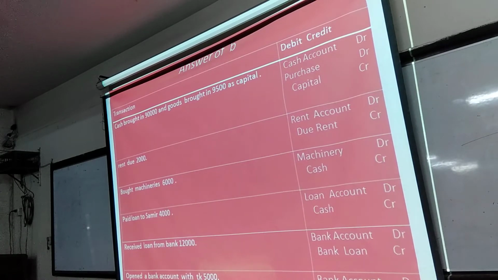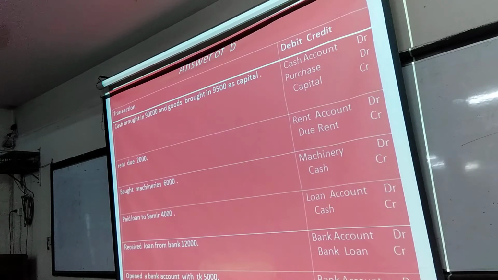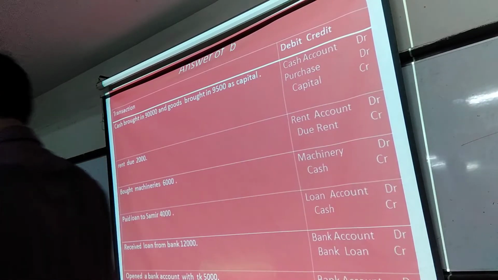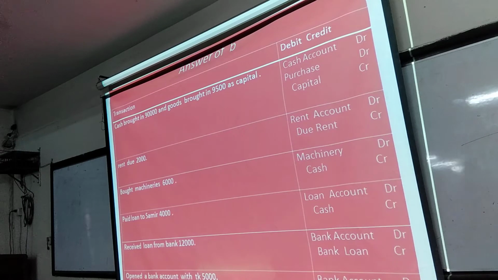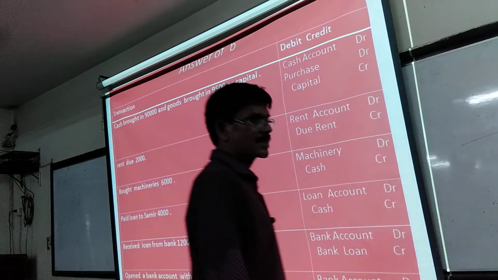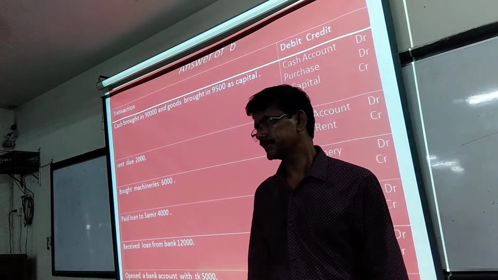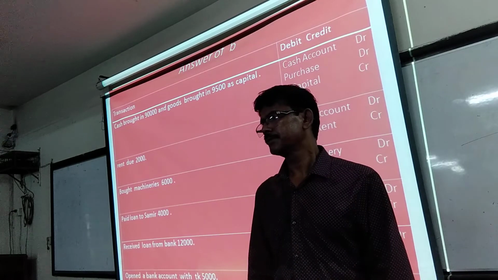Received loan from bank. If you take any loan from bank, your bank balance will be increased, because if you take any loan from bank, in that case, your bank account will be increased.